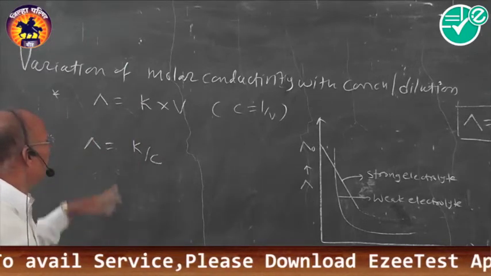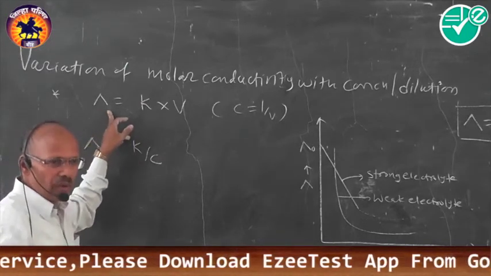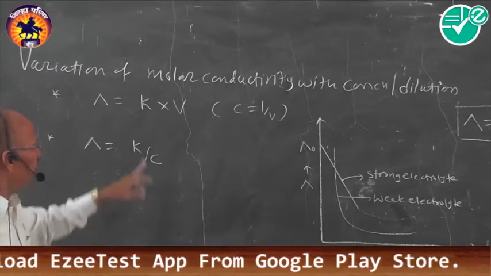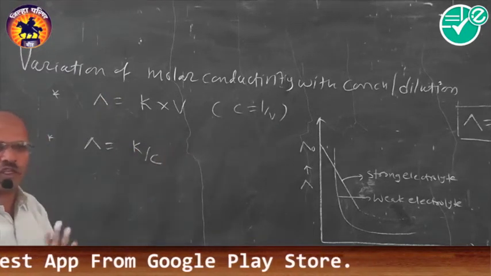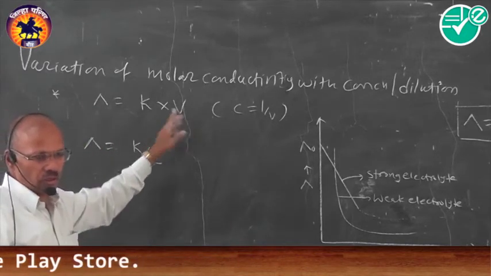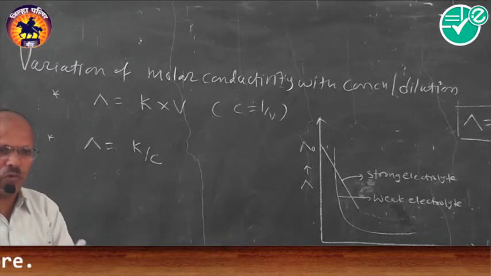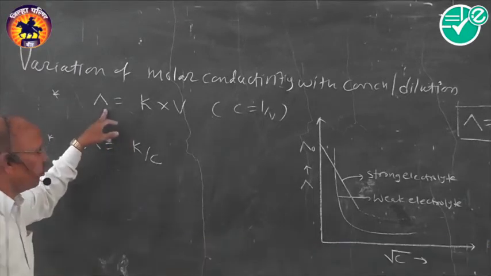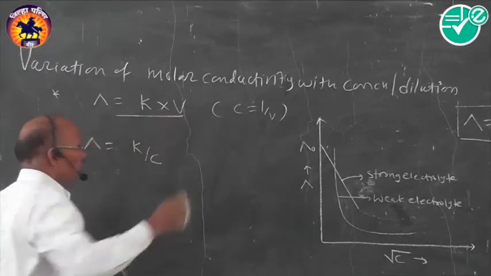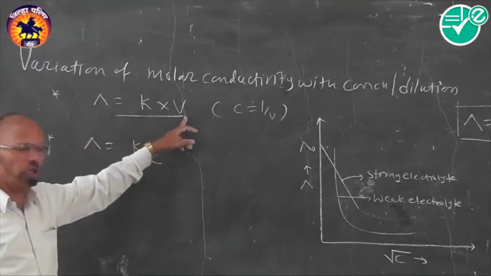Taking lambda as the molar conductivity, how does it vary? This equation tells us that the molar conductivity varies with the dilution. It increases with the dilution. With increasing dilution, the molar conductivity always increases. That is the first proof for the variation of the molar conductivity with the dilution.